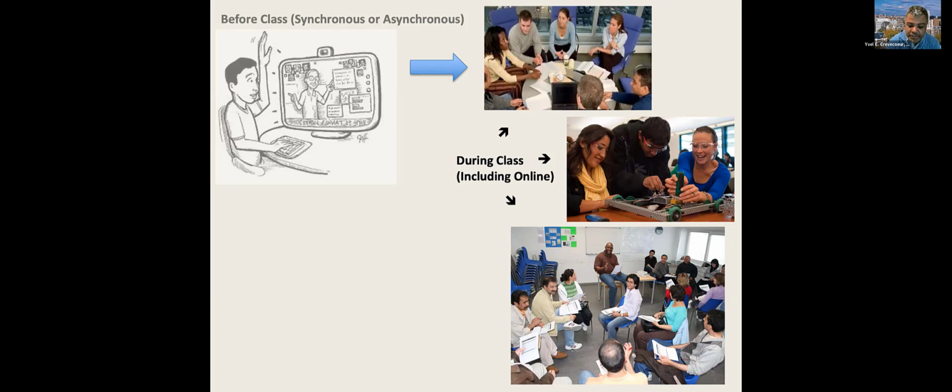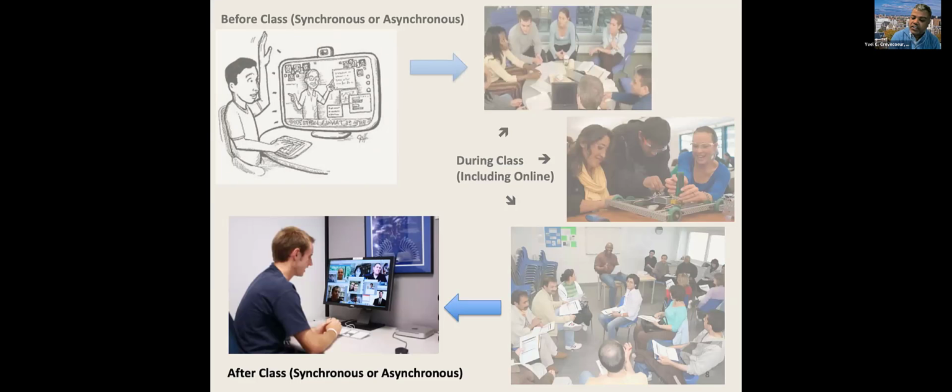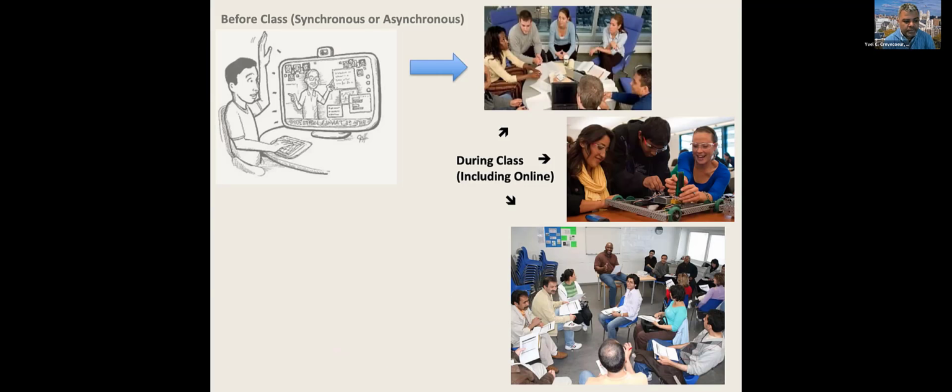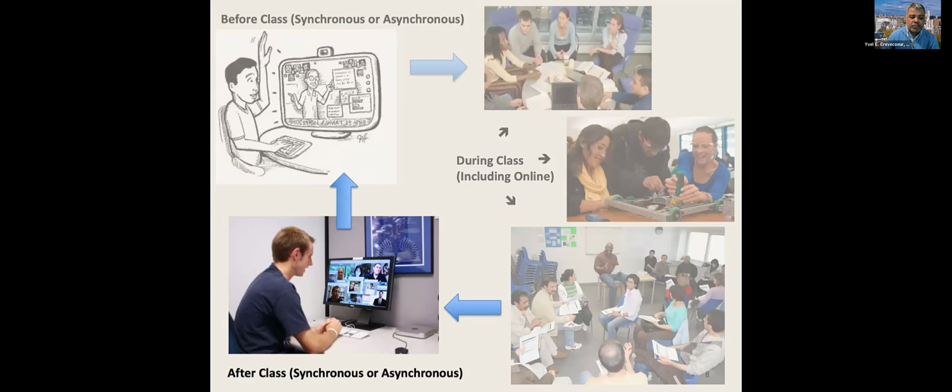Then after class, whether in person or virtual, there are additional opportunities for them to continue working with their classmates, one-on-one with myself, or in pairs. And that also ends up being another opportunity in preparation for the next class.